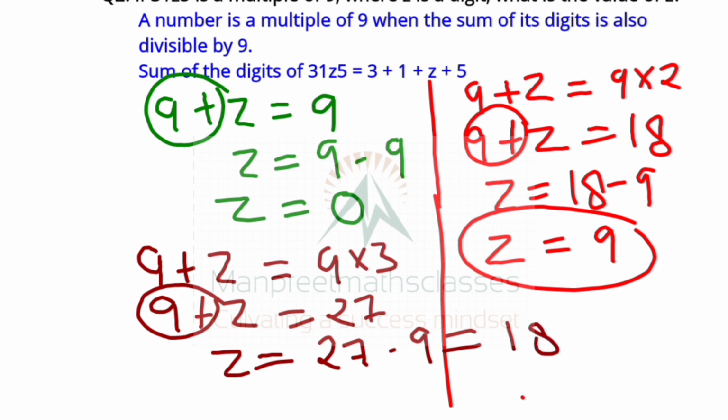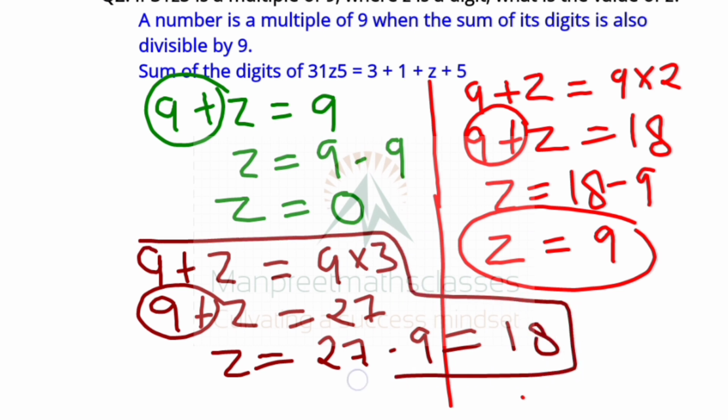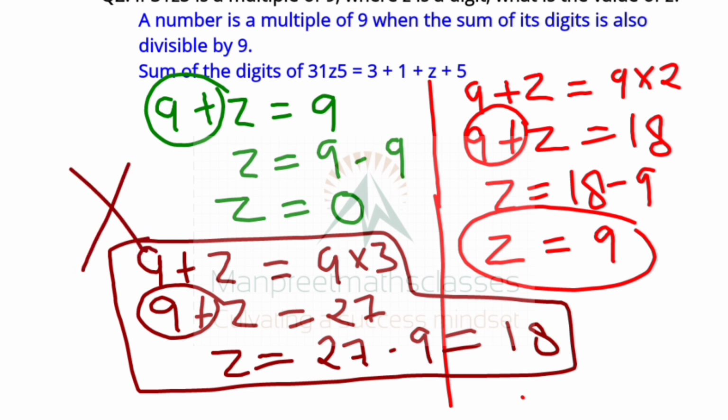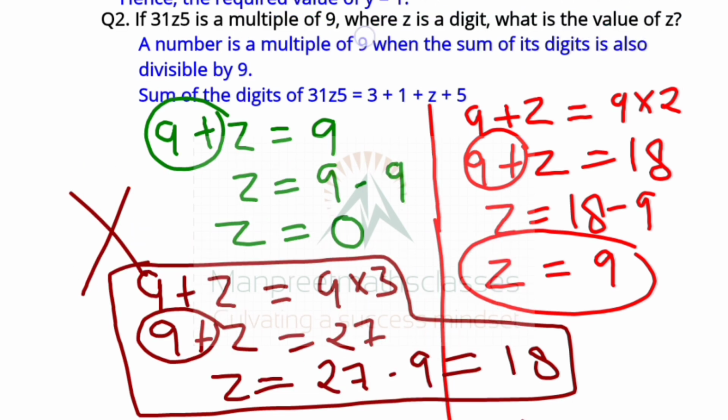Now 18 is also satisfactory because it is divisible by 9, but we can't take this case here because in the question it was clearly mentioned that z is a digit, means it is a single digit. So two conditions are satisfying. So you can say that the value of z can be 0 or 9.